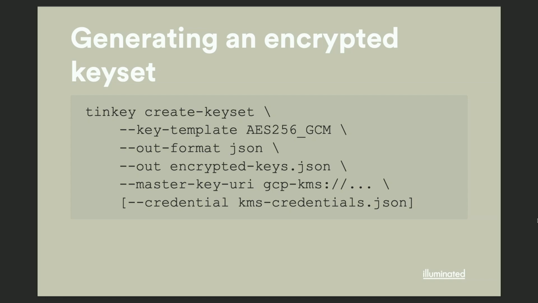If you're running this in Google Compute Engine, for example, there will be default service account credentials associated with that environment, and it knows how to automatically pick those up. So if you're running in those environments, or you've installed the gcloud SDK on your laptop, it can automatically pick those up. So this is pretty much as easy as creating an unencrypted one. Or you can specify the credentials manually if you need to.